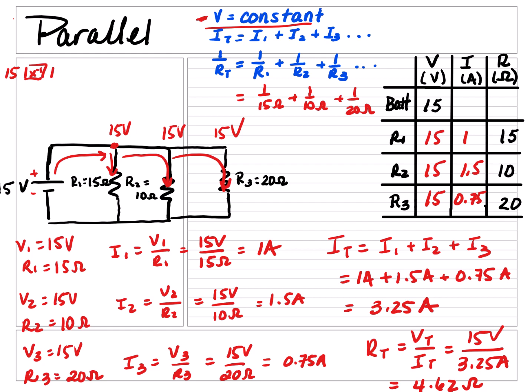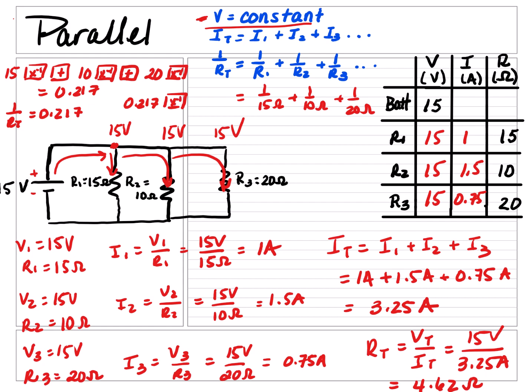Oops, there should be a plus. 10, reciprocal button, plus 20, reciprocal button, and you will get 0.217, but that is 1 over RT, which is equal to 0.217. So I have to take 0.217 and take the reciprocal. And when I do that, I will get the same answer of 4.62 ohms.